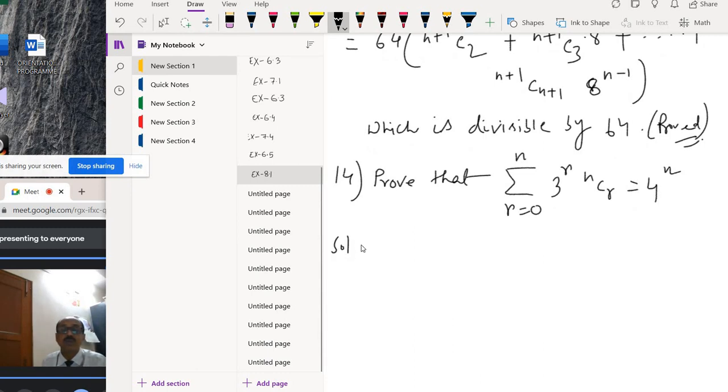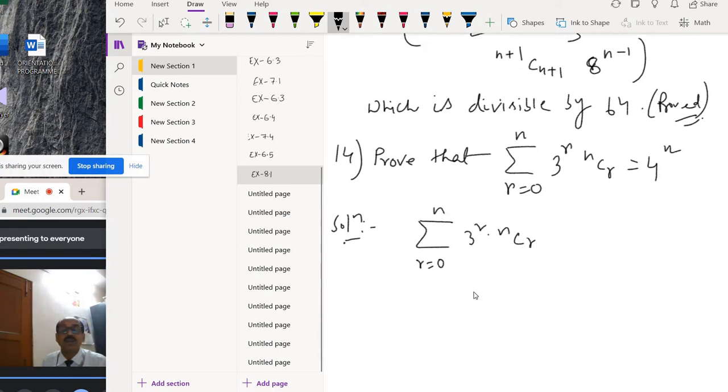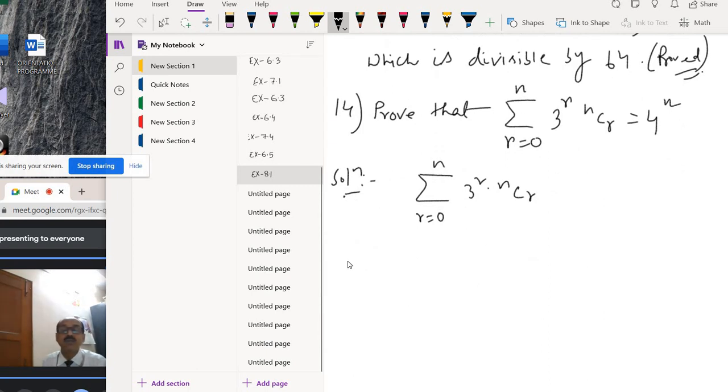So start from the left hand side. It is summation r equal to 0 to n, 3 to the power r into nCr. Now first put r equal to 0.